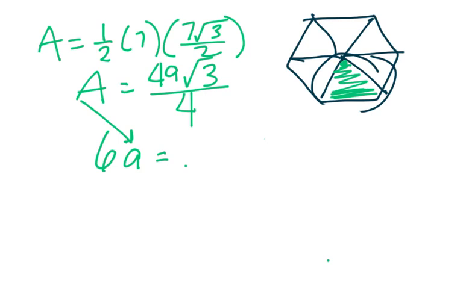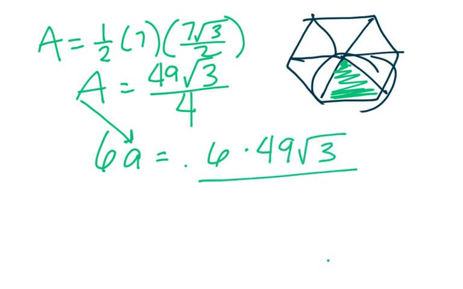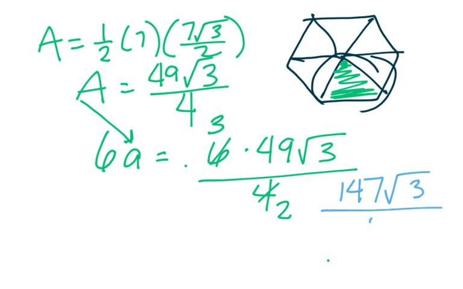So 6 times 49 square root of 3 over 4: 2 into 6 is 3, 2 into 4 is 2, and 3 times 49 is 147.